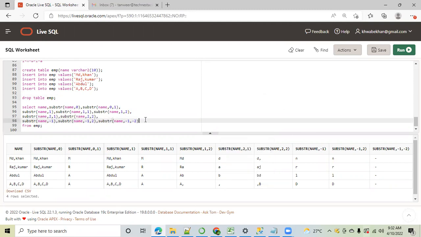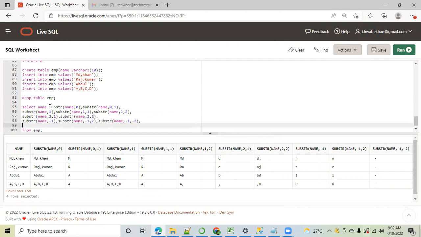Let me first show you a few examples, and then let me show a few more. Name comma -1 comma 4 is one example. I was saying name comma -1 comma -1.